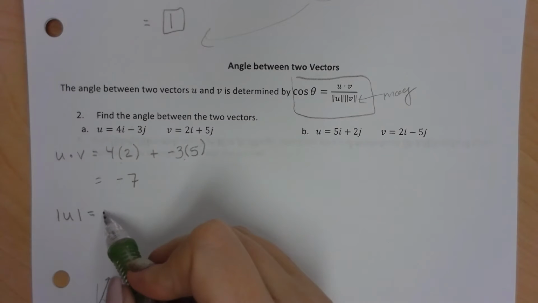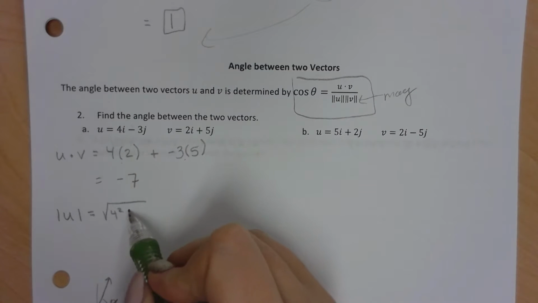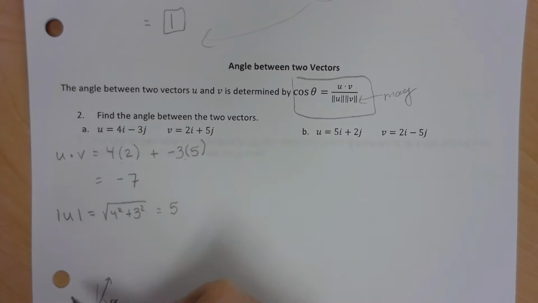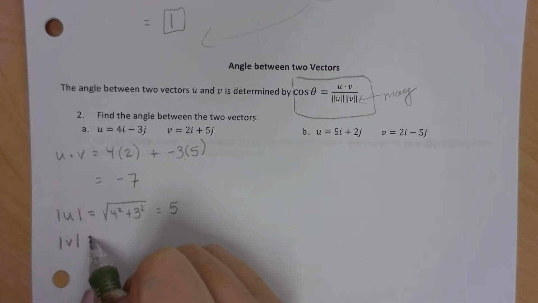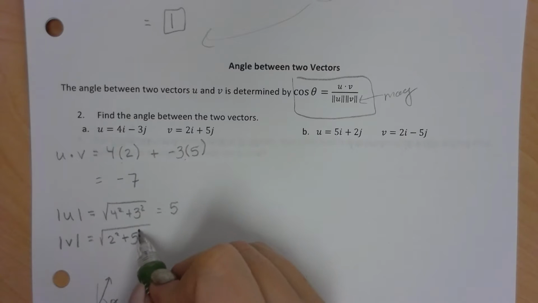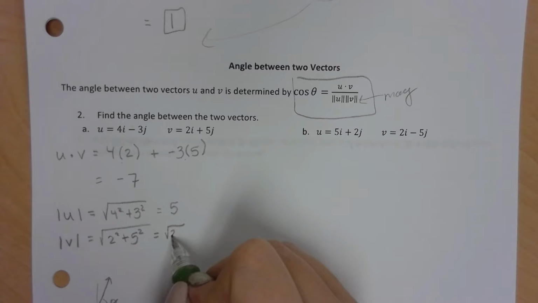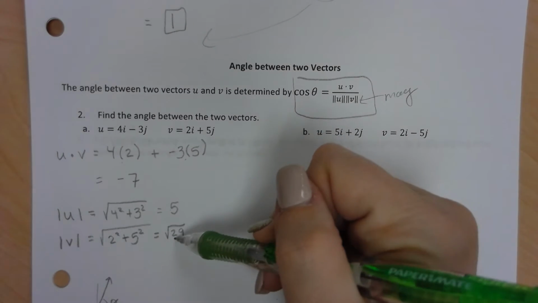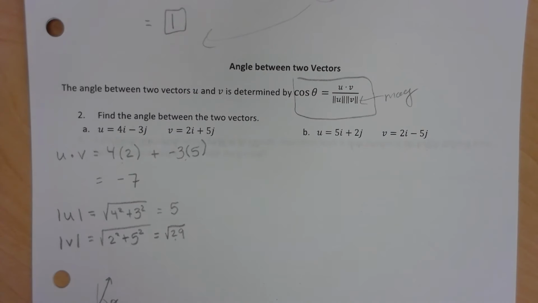The magnitude of u is the square root of 4 squared plus 3 squared, which would give us root 25, which is 5. The magnitude of v would be root of 2 squared plus 5 squared, which would give us root 29. Okay, so now that we have these three pieces of information, we can plug them into our formula.